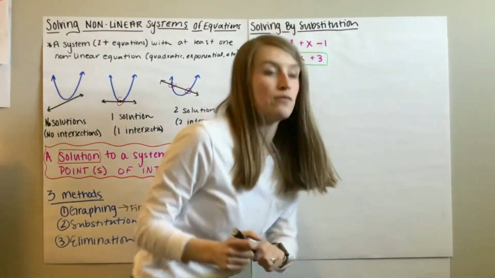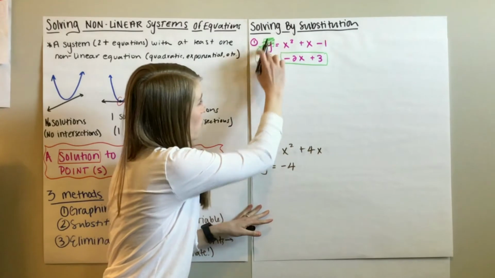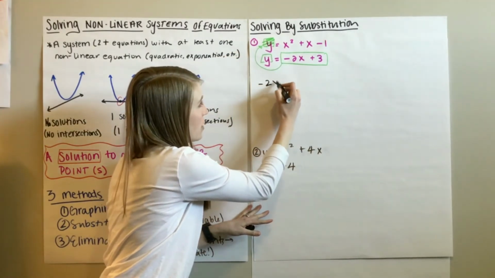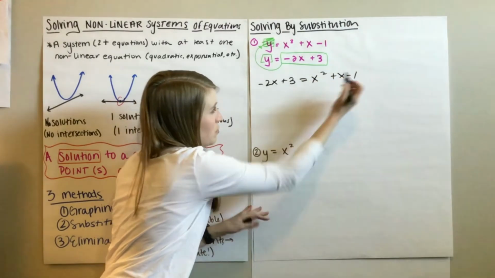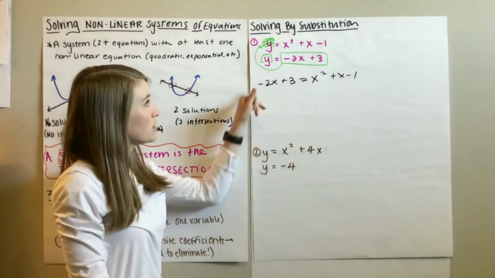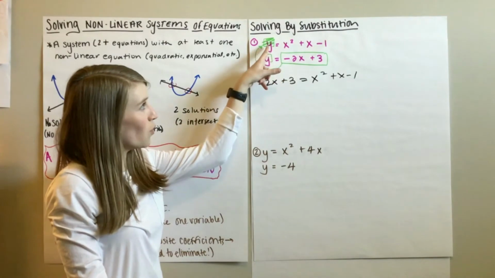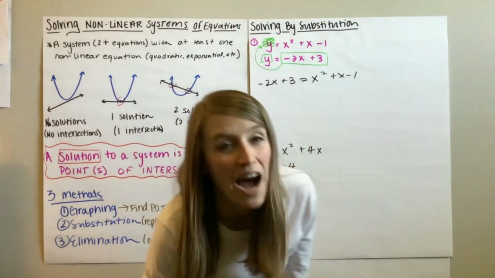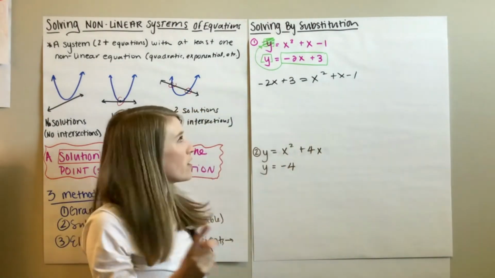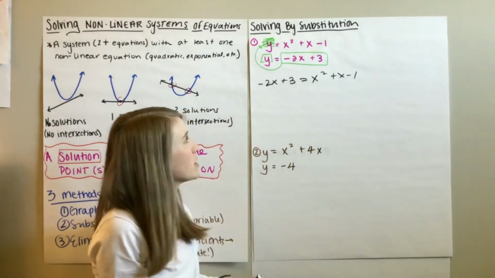So my first step for substitution is to say instead of y, this is negative 2x plus 3 equals x squared plus x minus 1. Again, the reason being, y was substituted out and I put in what it was equal to. I can solve this now because it's of one variable.